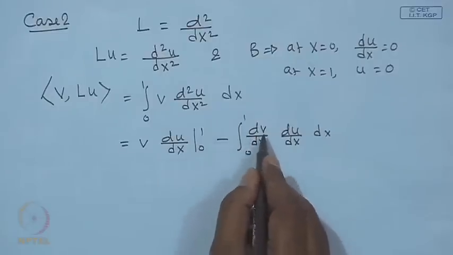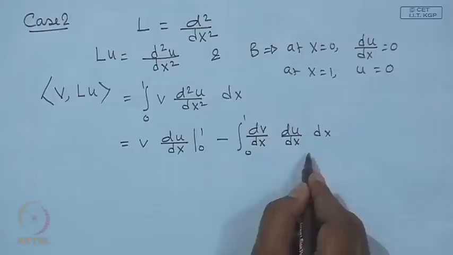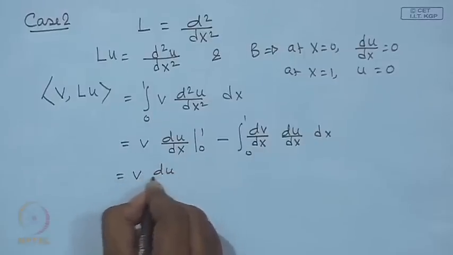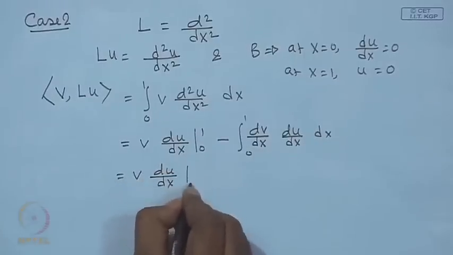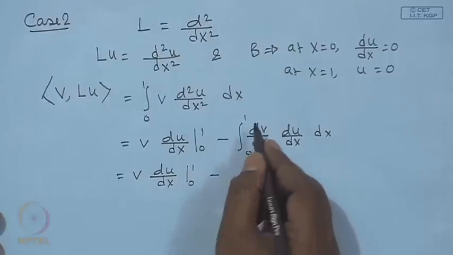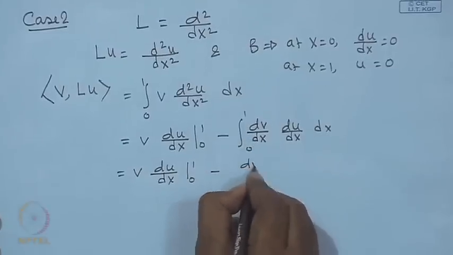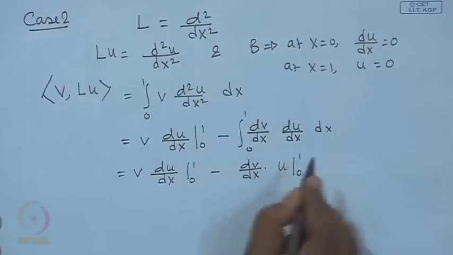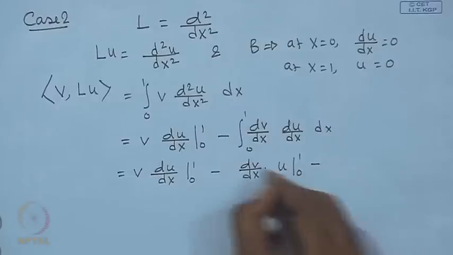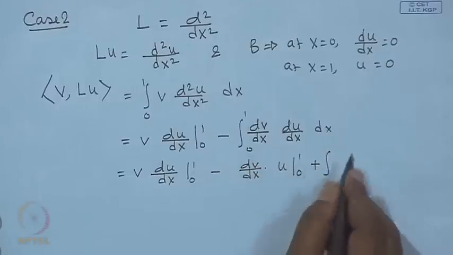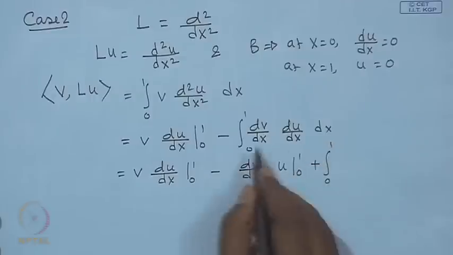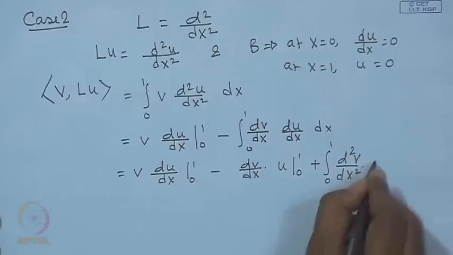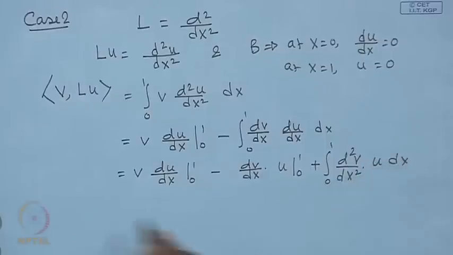Then we take this as first function, take this as second function, carry out the next integration step. So, it will be v du dx 0 to 1 minus first function dv dx, integration of the second one will be u from 0 to 1 minus minus plus. So, it will be 0 to 1, differential of the first function will be d square v dx square, integration of the second one u dx.